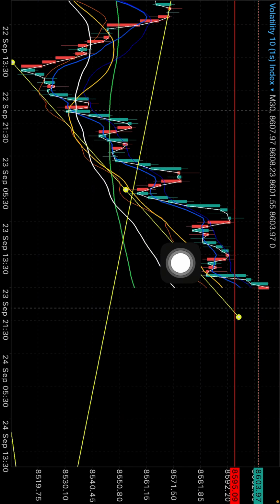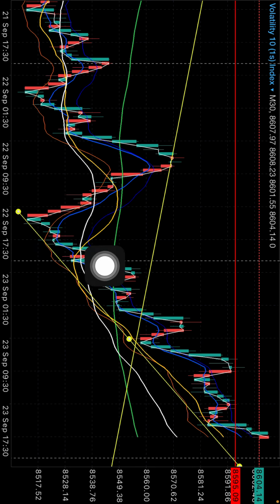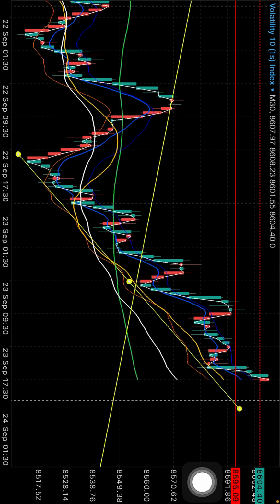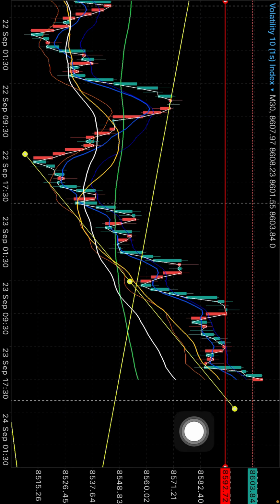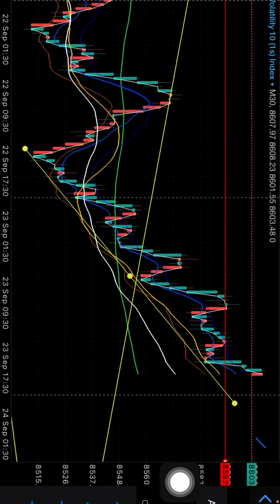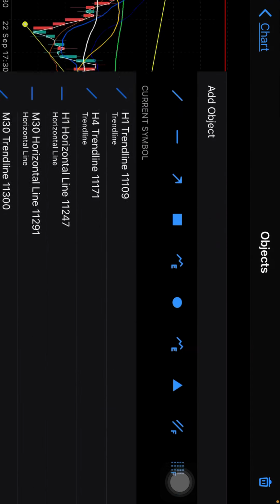Look, it did not break down, so we start from the low and we connect our line. The market sold to here, bounced, sold to here, bounced, sold to here. So I'm expecting now the market to sell to maybe here again and then buy. So this candle will now sell to here to respect the uptrend and form a higher high.